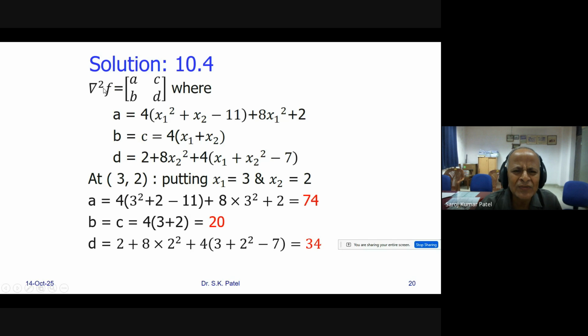Del square f is [A B; C D], where A is 74, B and C are both equal, that is 20, and D will be 34. Is that clear? At (3, 2), del square f will be A is 74, C will be 20, B will be 20, and D will be 34.